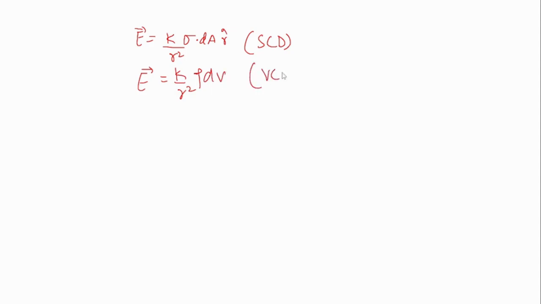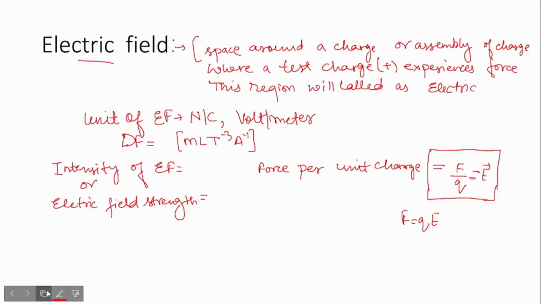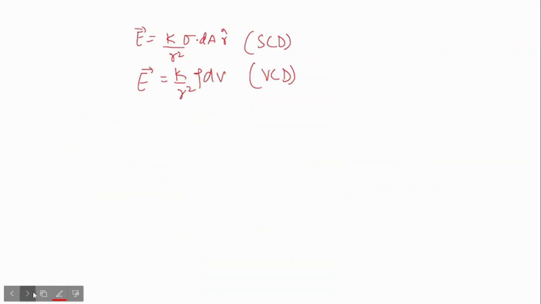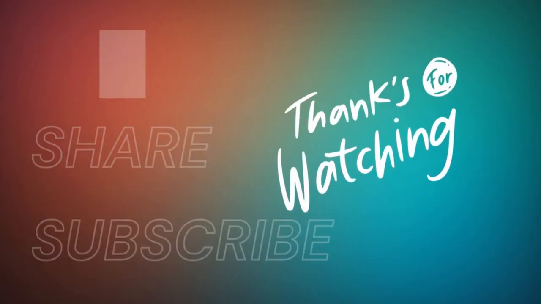You just need to consider a small elemental area or volume and you can derive the electric field intensity. So this is all about the electric field due to a point charge, or due to continuous charge distribution.